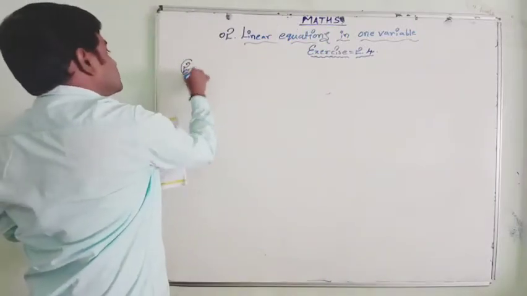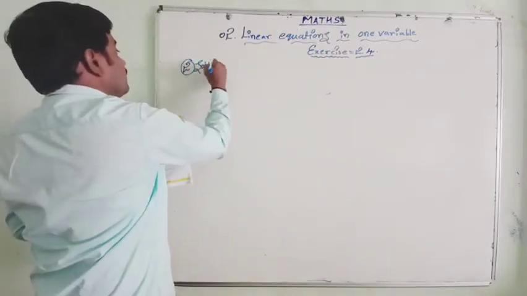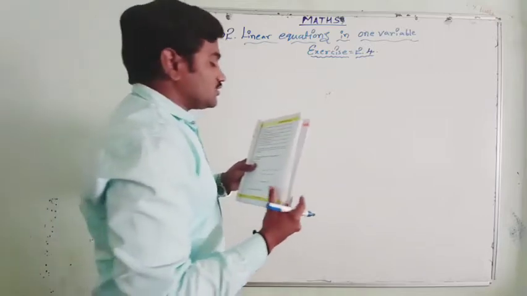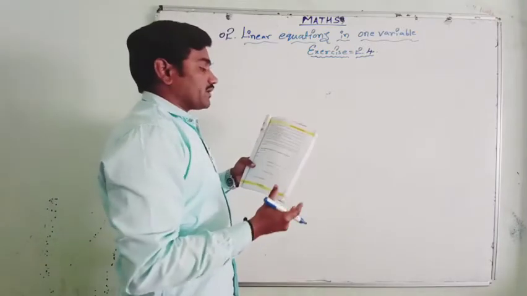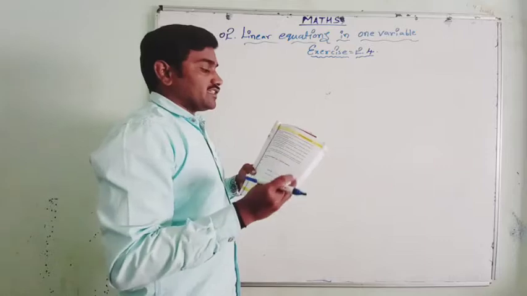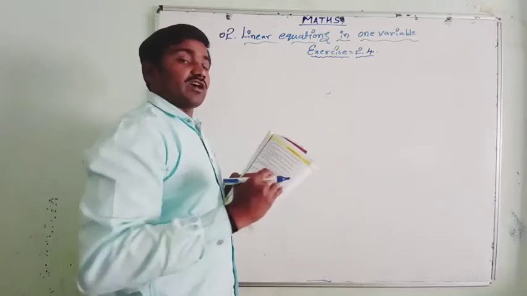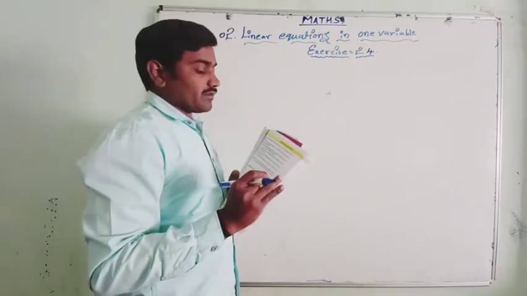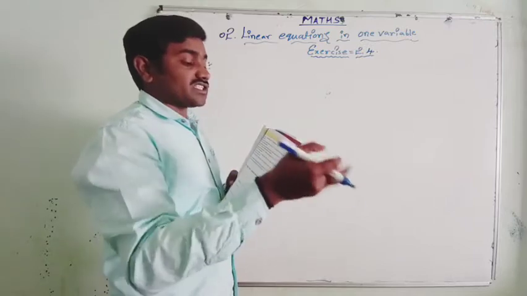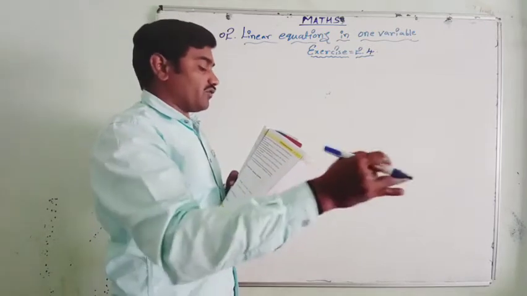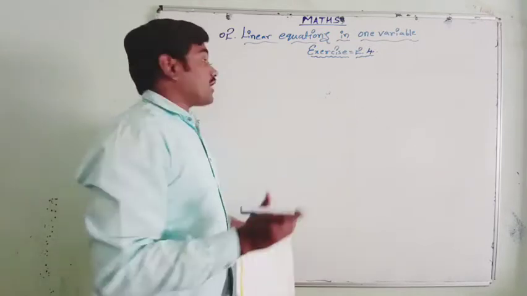Now the second question, you can see, is a word problem. I will write it step by step here. 8 times a number reduced by 10 is equal to the sum of 6 times the number and 4. Find the number.